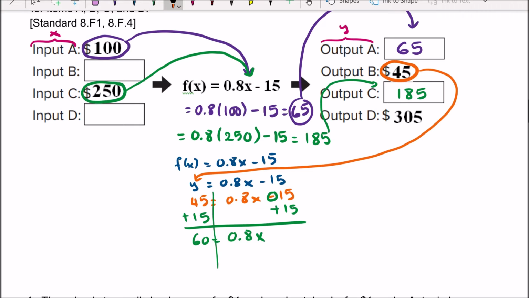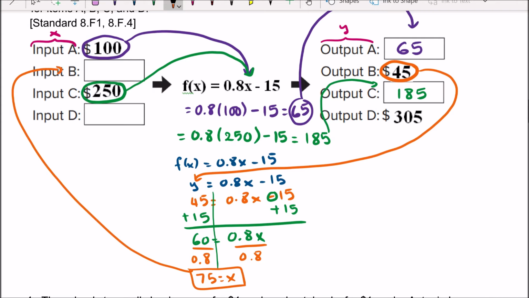The next step is dividing by 0.8 on both sides. 60 divided by 0.8 gives me 75. So x equal to 75. That will go to the input B. $75.